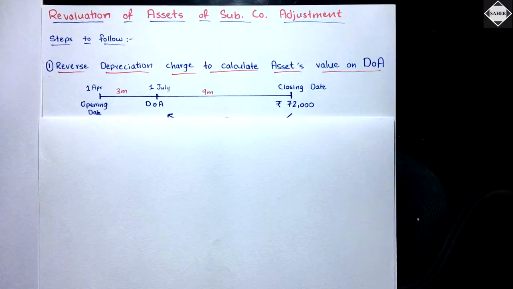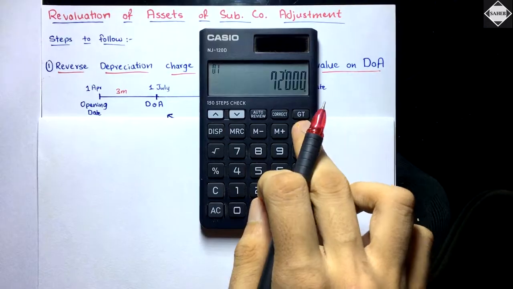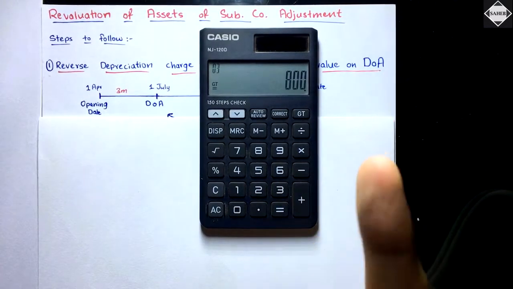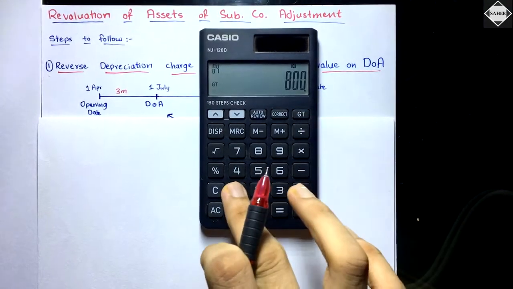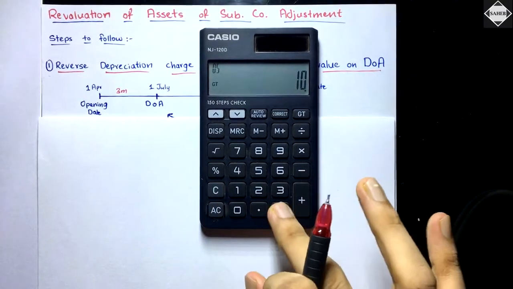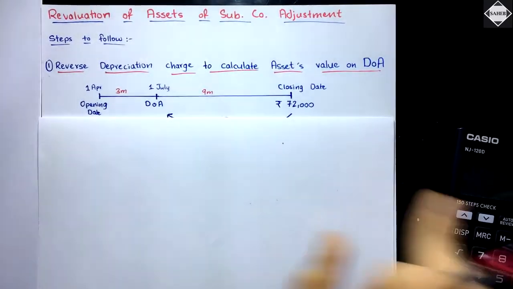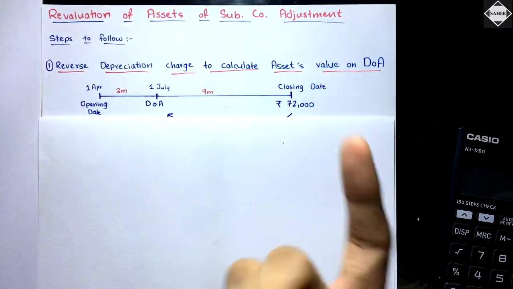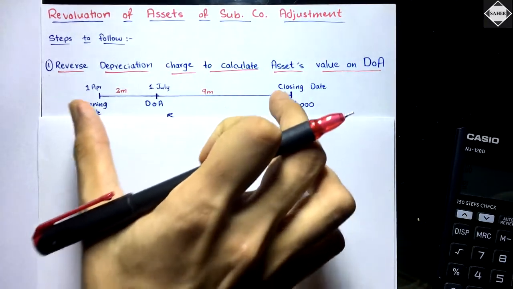So what do we need to do? We just need to divide this 72,000 by 90. Once you do that, you have got 1%. If you multiply this by 10, because 10 is the depreciation rate, you will get the depreciation of the whole year. 72,000 divided by 90 gives 1%, into 10, you have got the depreciation charge of the whole year.